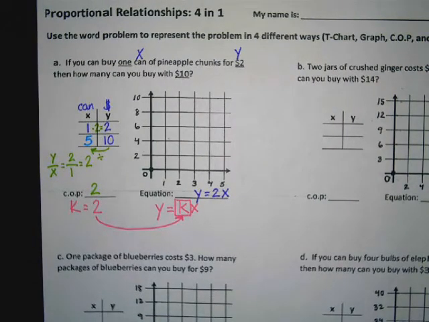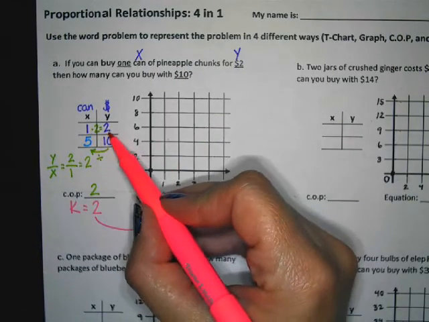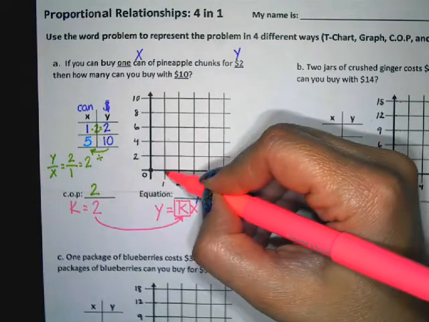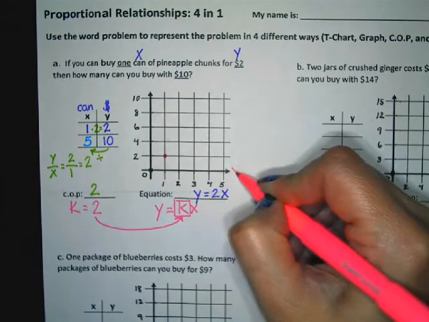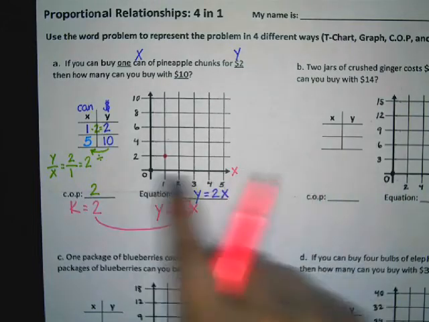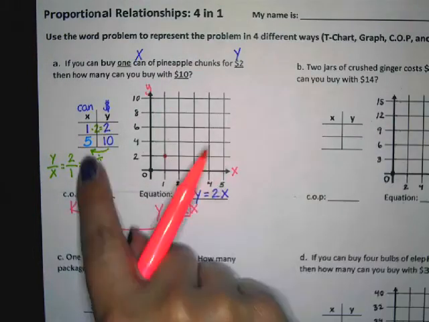The last thing that we want to do is go ahead and graph the values that are on our T-chart. So we have 1, 2. So on our chart, here's 1, 2. Remember that your X axis is always the horizontal and the Y is your vertical. And then 5, 10.